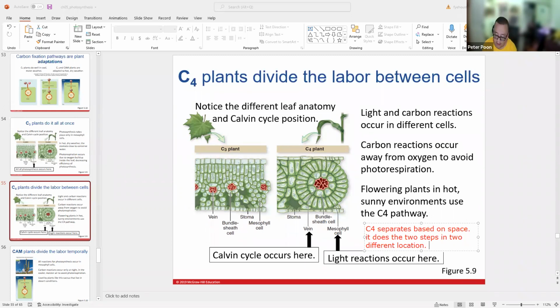By separating the two steps in two different locations, I can move the Calvin cycle, the carbon cycle, into a cell that has very low oxygen levels, and that makes it work a lot better. The light reactions occur in the other cell, and that cell gets a lot of oxygen, but that's okay because the oxygen isn't poisoning my Calvin cycle, or my carbon cycle.